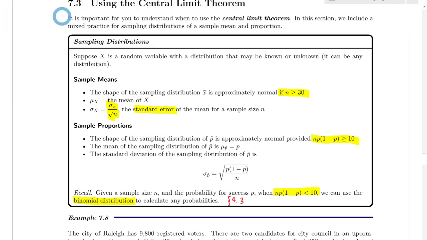Okay, but then we hope that this product will be greater than or equal to 10. And then remember that we always had to verify that the sample size is no more than 5% of the population.